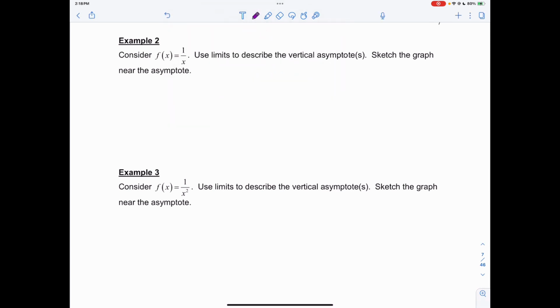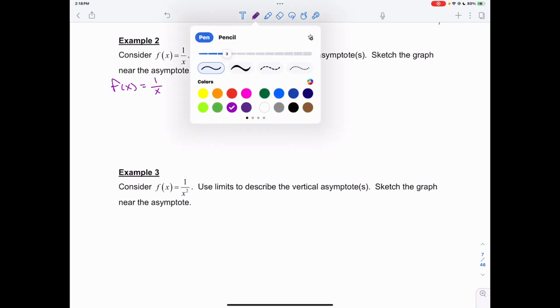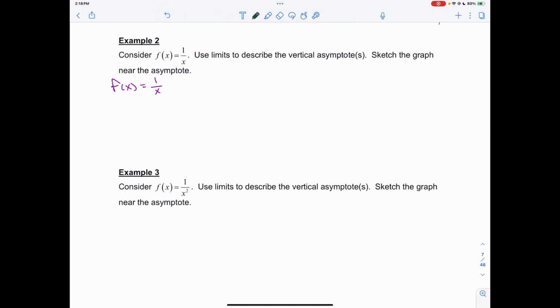So if f of x is equal to 1 over x, then we know that f has a vertical asymptote at x is equal to 0, based on the non-permissible from the denominator. We know that that's going to happen.